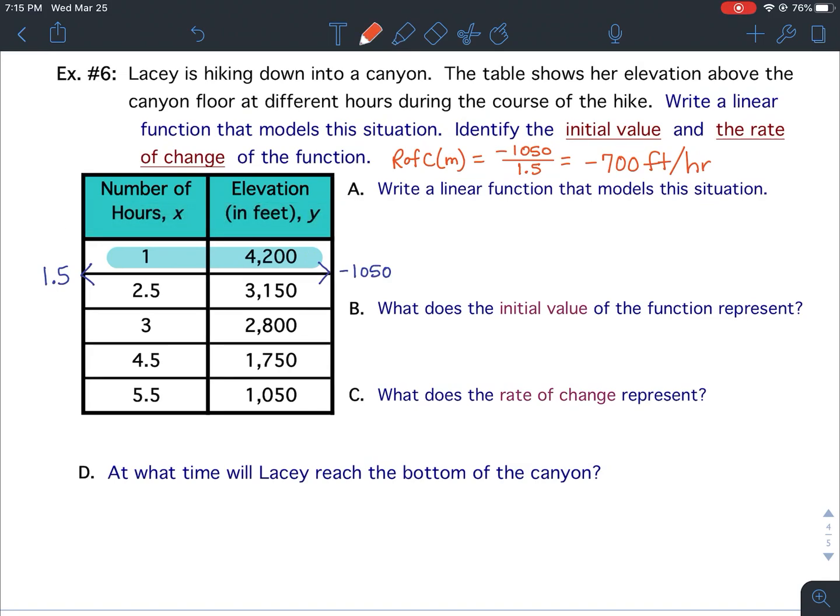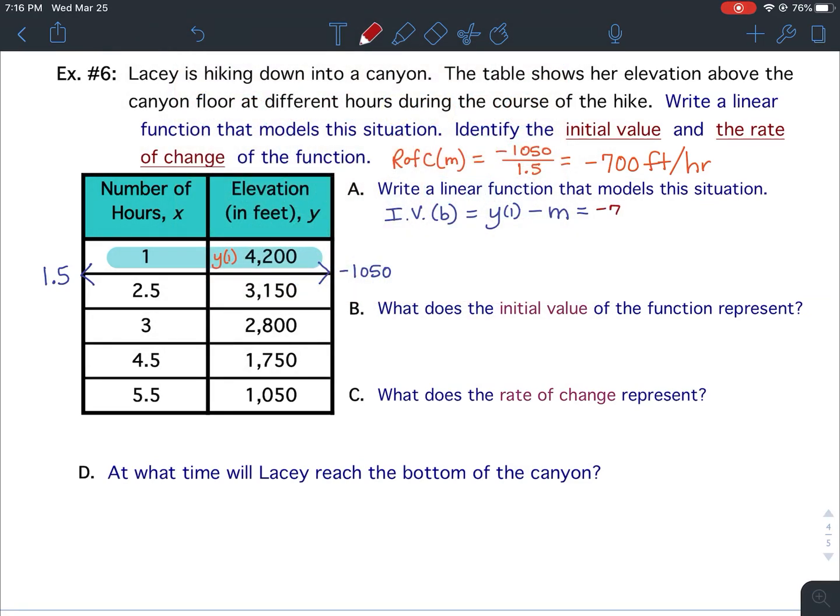Let's go ahead and put that beside the 4,200. We're going to take that value and subtract the slope. Now you've got to be careful, the slope is negative. So you're not going to just do minus 700, you have to do minus negative 700. So our initial value, go ahead and put down the value of y when x is 1 minus the slope.